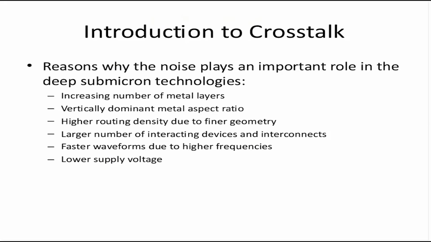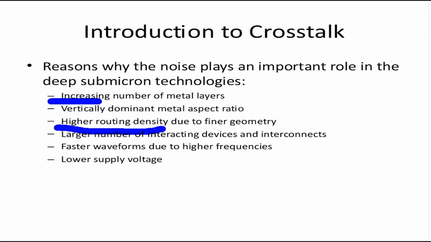What it means is that because of the increasing number of metal layers, there is higher routing density. These are important keywords here: the increasing number of metal layers, higher routing density. Because of the lower feature size of the transistor, we are now able to pack more and more transistors on chip.